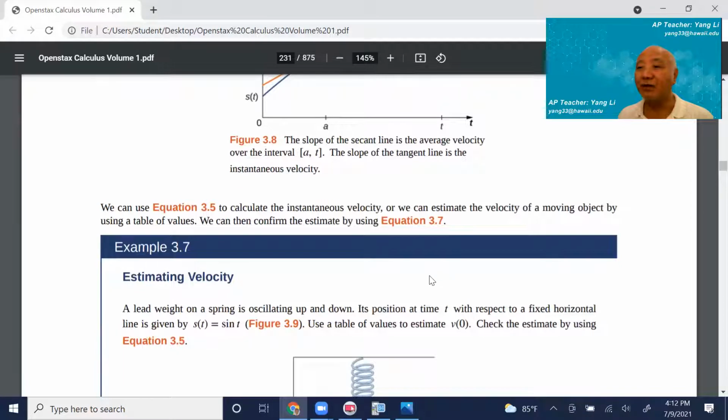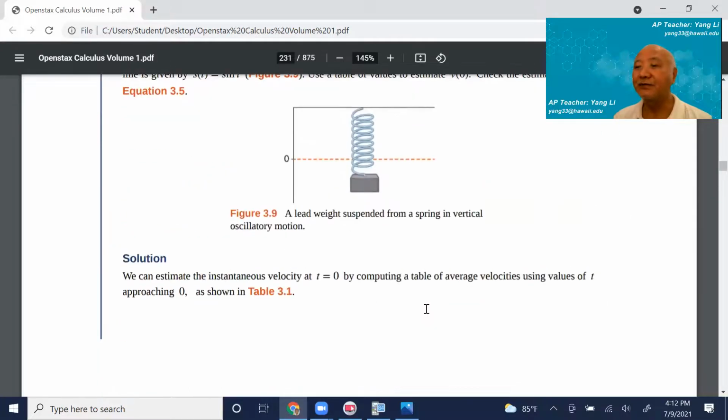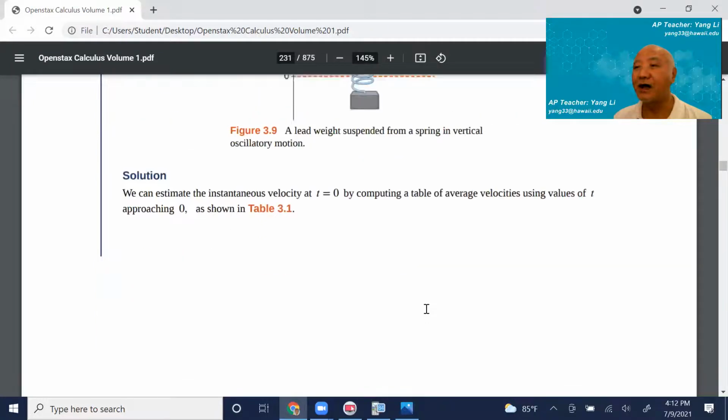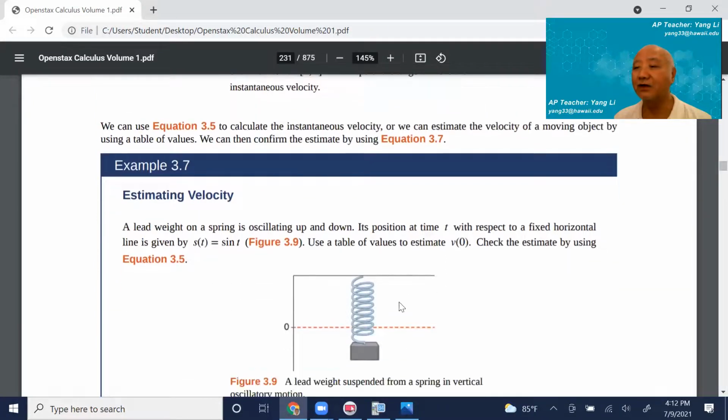Now we're going to apply this and use it to explain example 3.7. When you have 3.7 here, they tell you that this is called harmonic motion, a spring going up and down, right? This is the ceiling, and then you have an object put here.